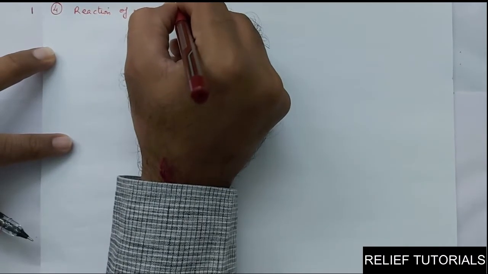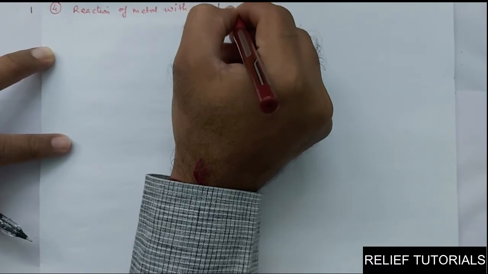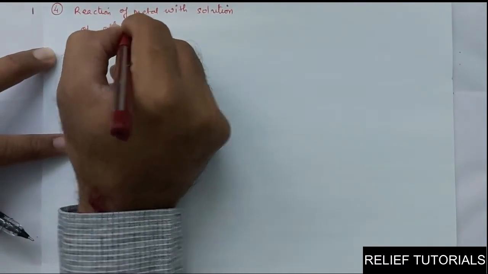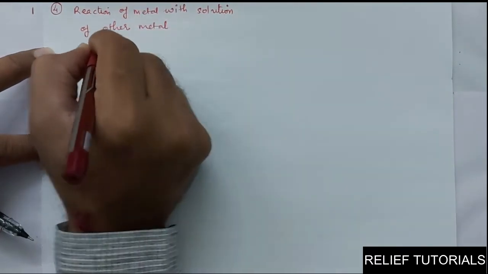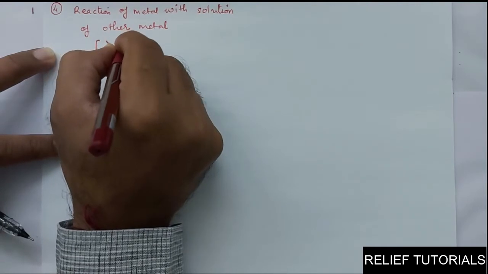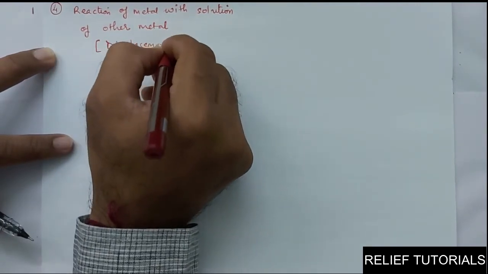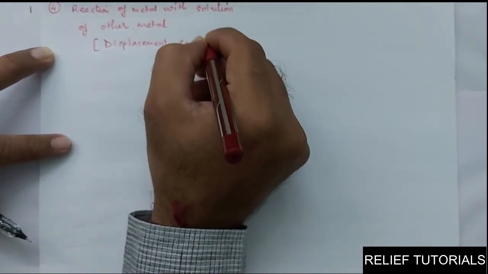Reaction of metal with solution of other metal. This reaction is commonly known as displacement reaction that we have seen in chapter number 1.